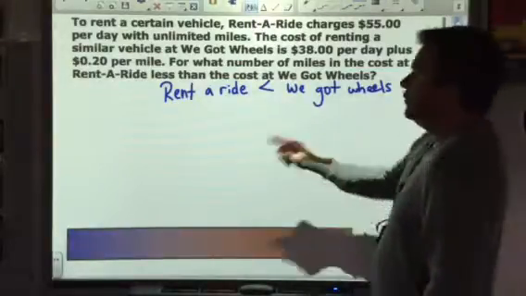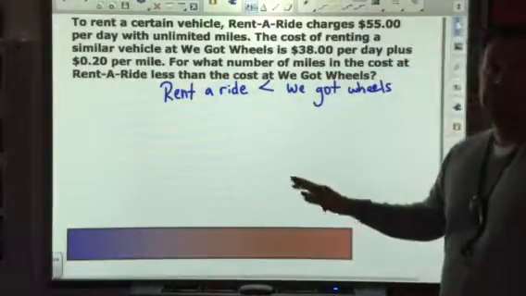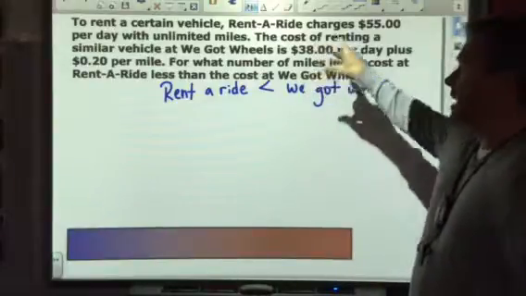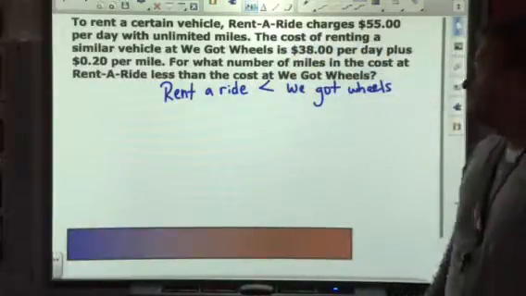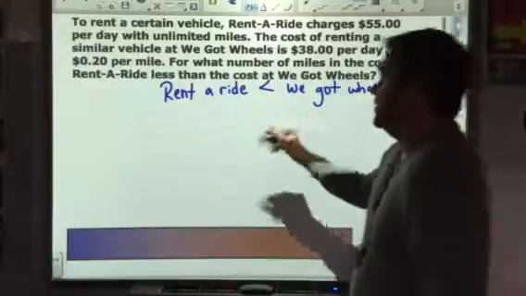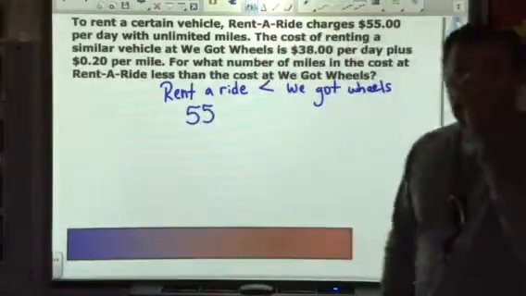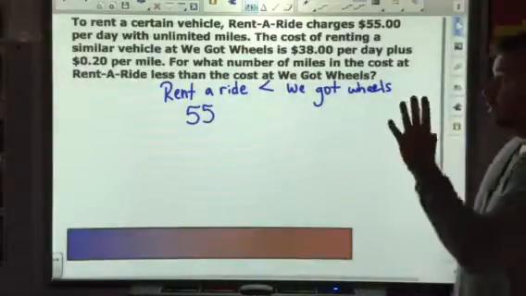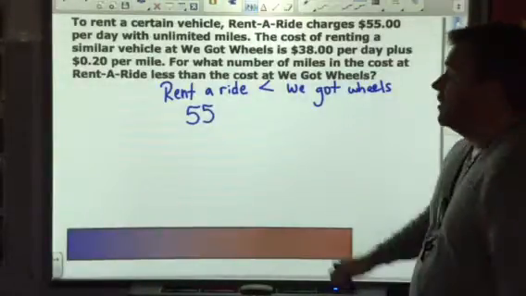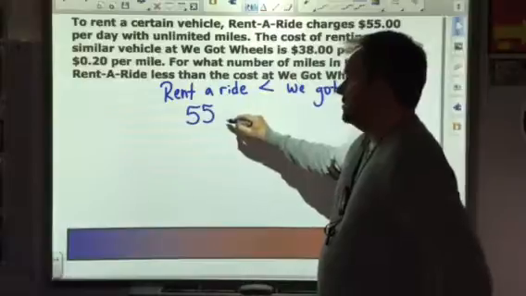Both of these will have an expression that we have to write out, and we grab it from the information written above. Rent-A-Ride is just $55 per day. Typically, whenever we hear the words per day or per hour, we would want to do some kind of multiplication.